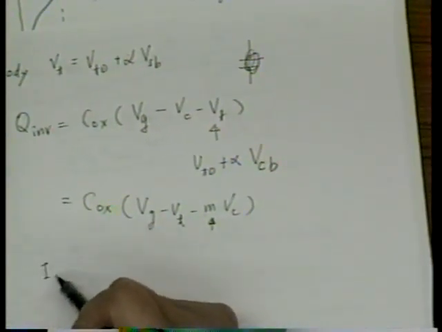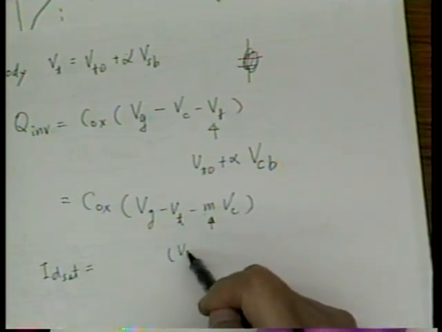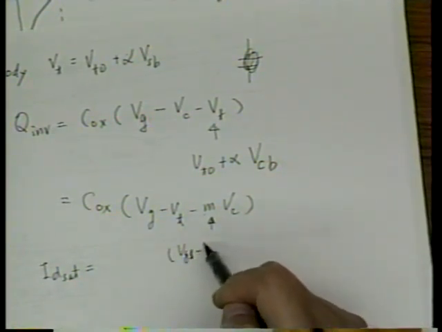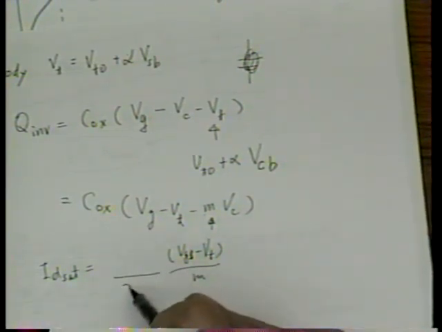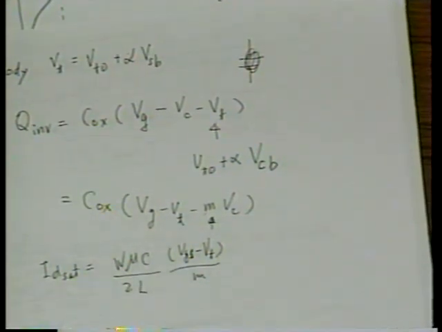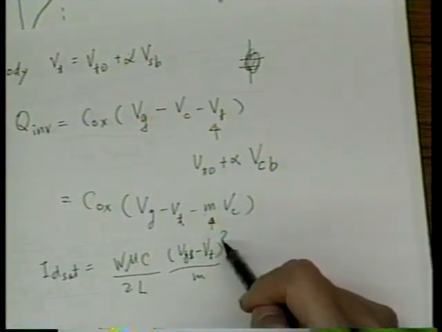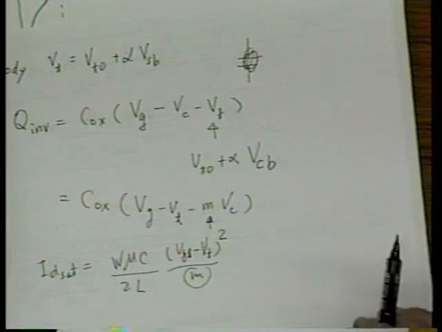We show that ID set is reduced from the first order equation by m, right? Let's remind ourselves what the quantities here are. It's proportional to W, proportional to mu, C divided by 2L, right? There's a square term, so m would appear this way.